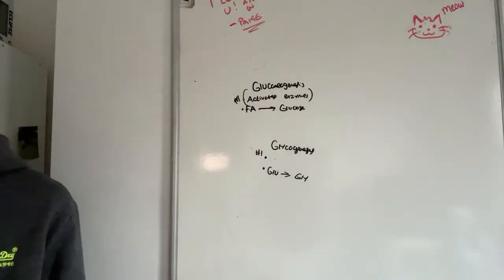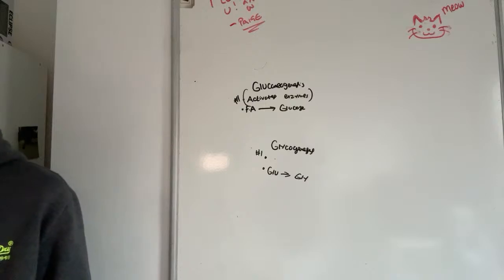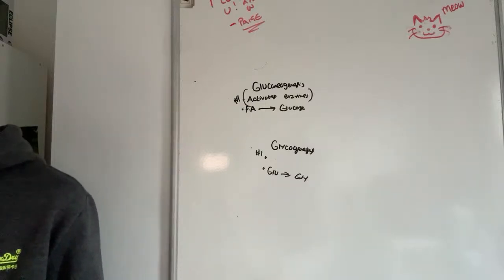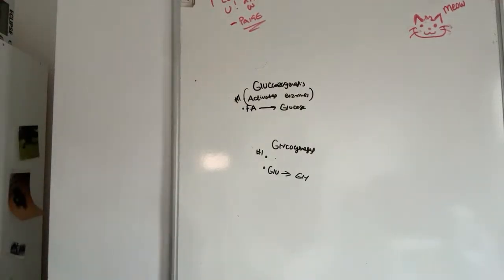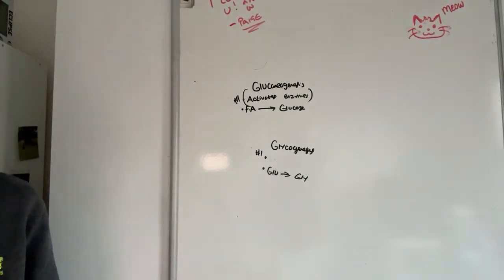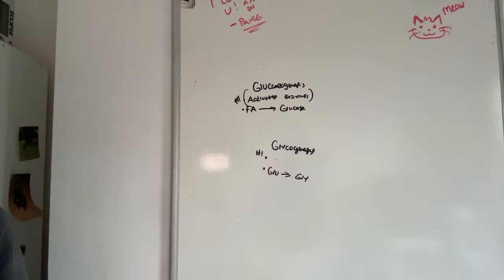Oh, my head. Yeah, glycogenesis is the formation of glycogen from glucose. What's the other one? Gluconeogenesis, glycogenolysis. What is that the one we learn? Glycogenesis is that one.